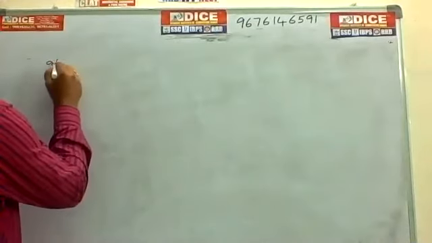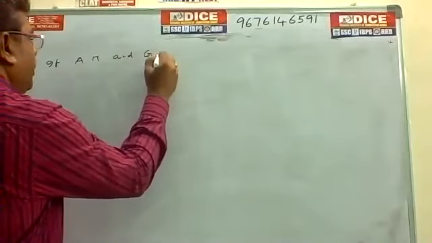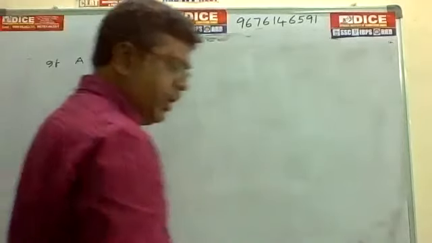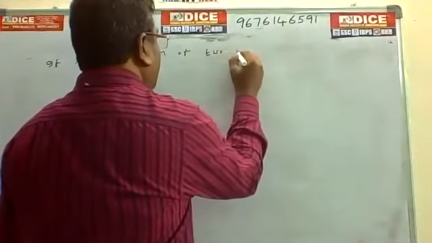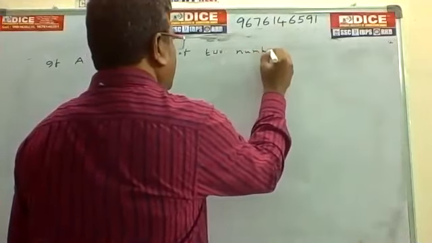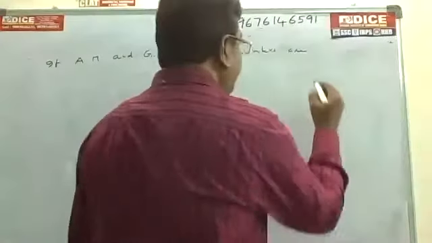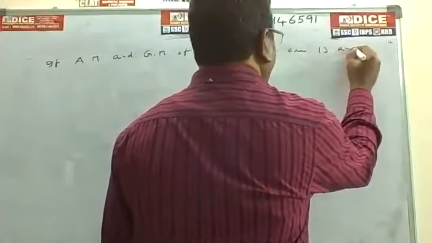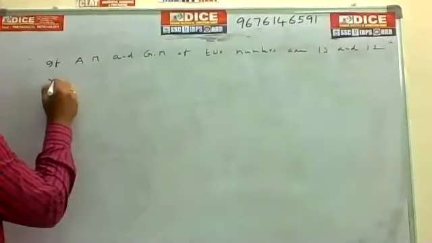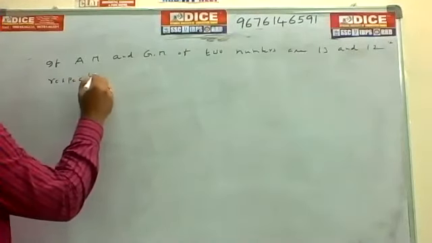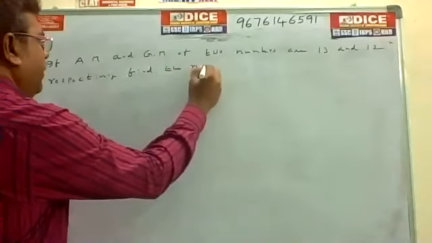If AM and GM of two numbers are 13 and 12 respectively, find the numbers.